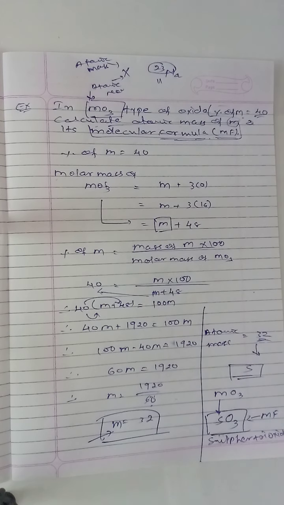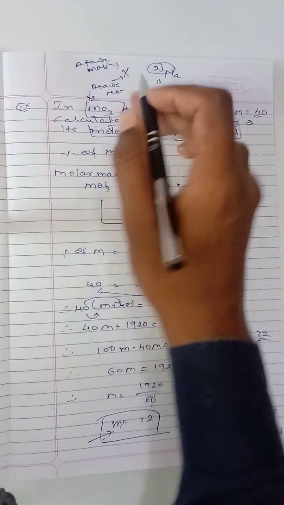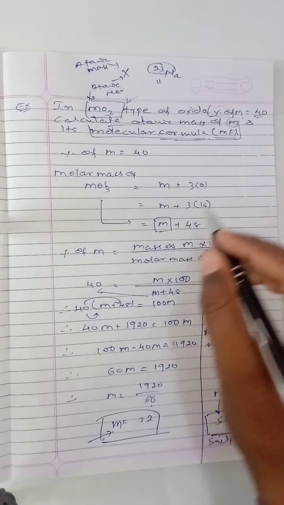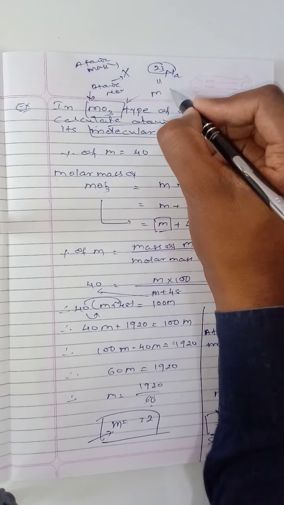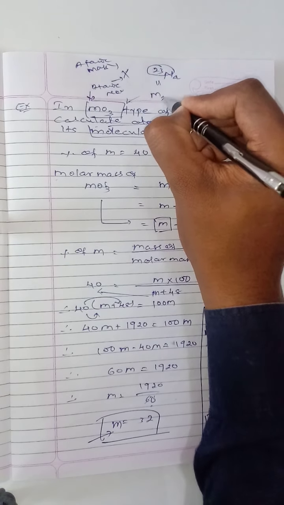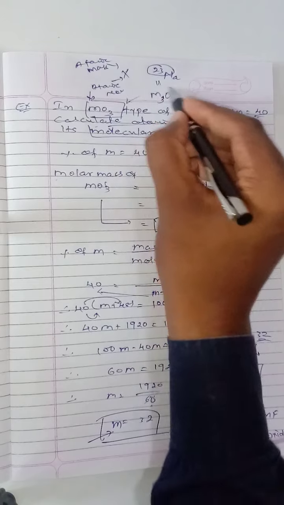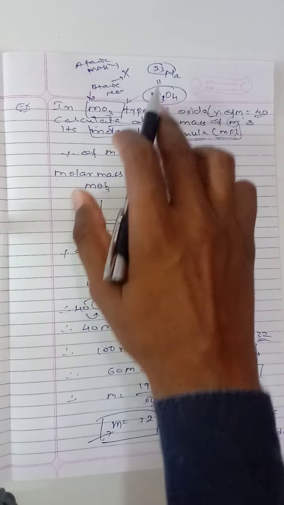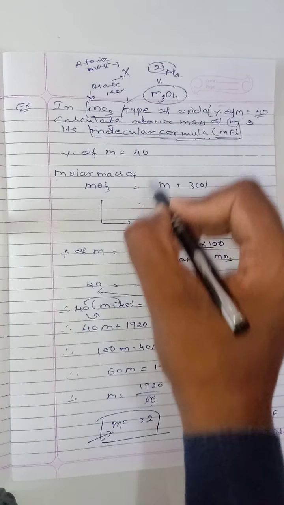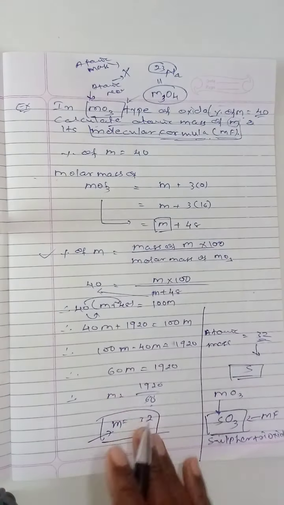Okay friends, so you can write any other elements here. Suppose M3O4; if this is given in the examination, you can find the element from this formula.